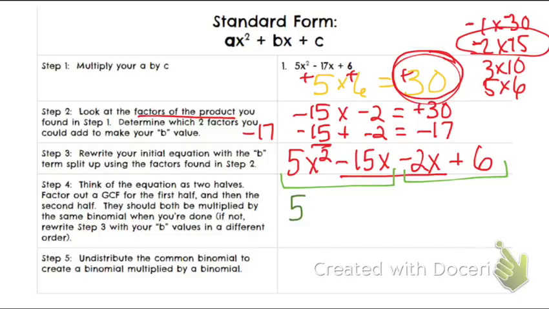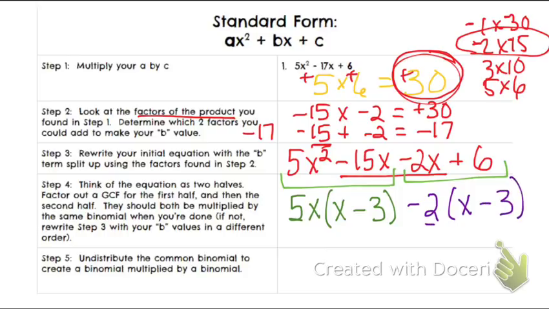The greatest common factor for that would be 5x times x minus 3. And then the greatest common factor for my second half is going to be a negative 2. So I'm going to factor out a negative 2, minus 2 times x minus 3, because a negative times a negative is a positive. Negative 2 times negative 3 is positive 6.